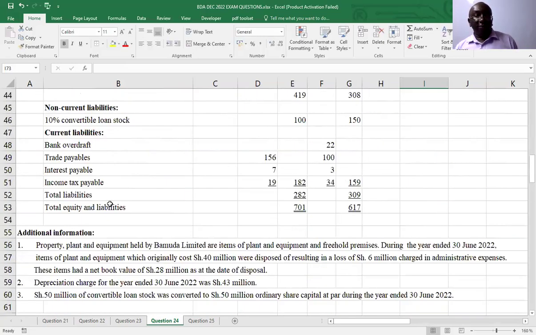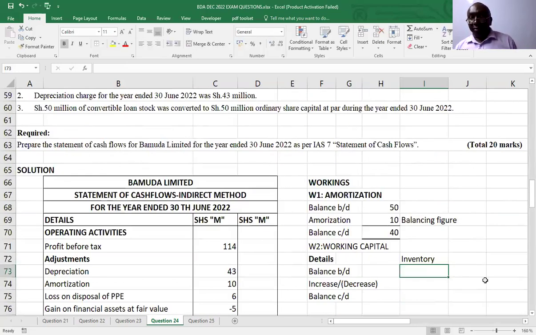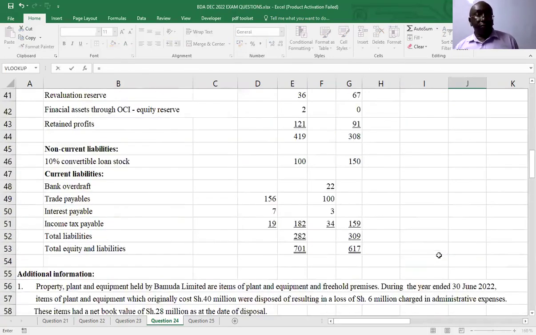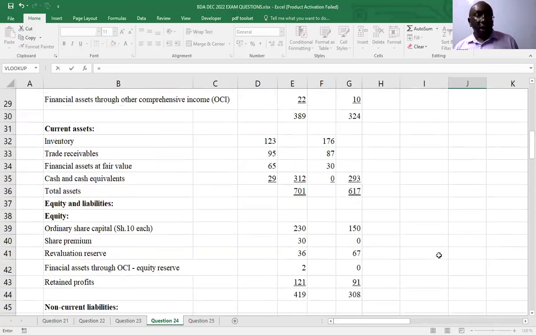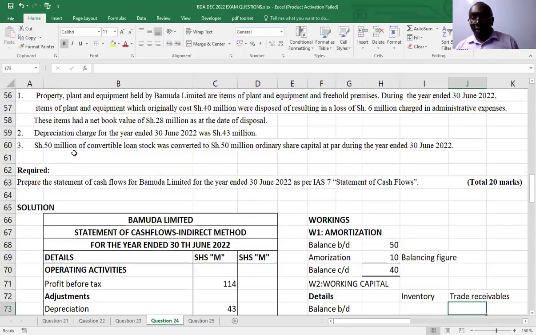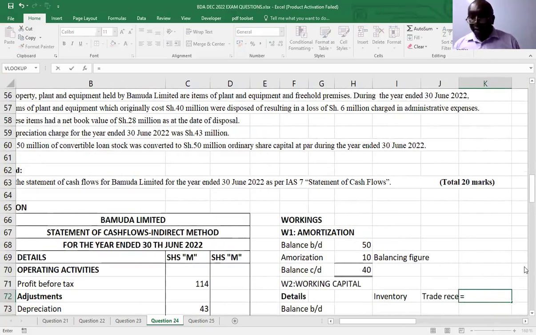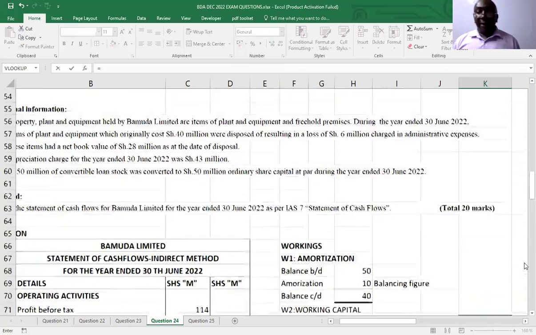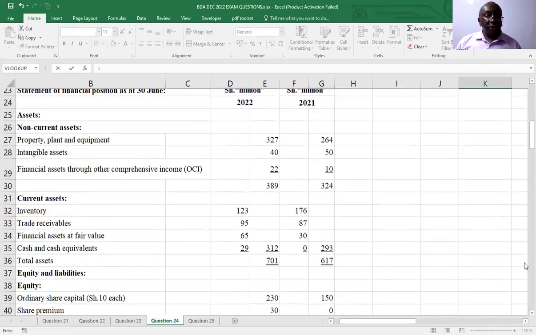Who else do I have? So I can put my cursor here. Equals. For current assets, I have trade receivables. Who else? I go to the balance sheet.